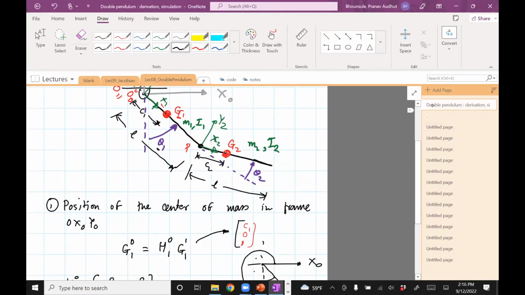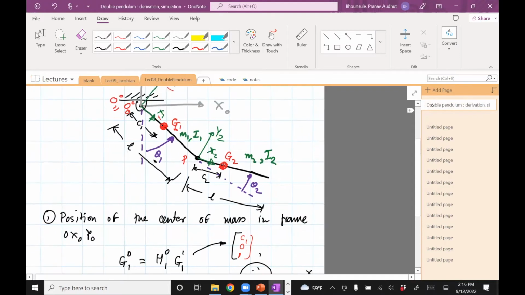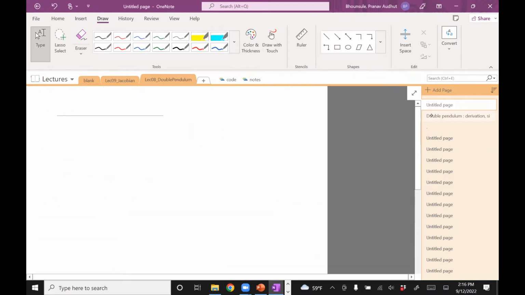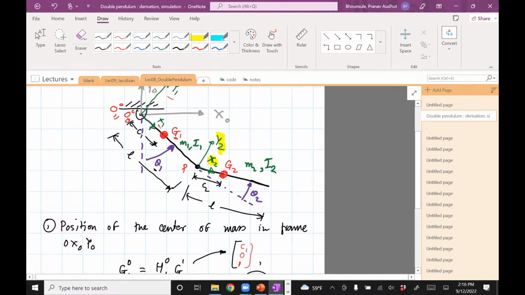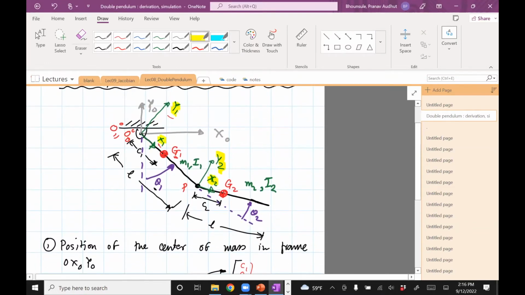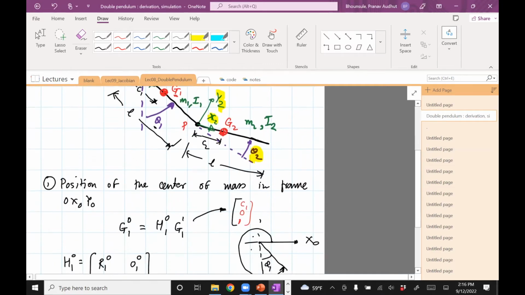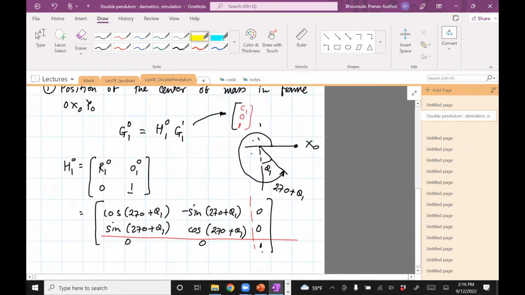So if you look at this figure, it's what relates this frame with this frame. And you can see that they're related through this angle. So I just need to substitute theta 2 and use the same equation as here, but instead of 270 plus theta 1, I just put theta 2.